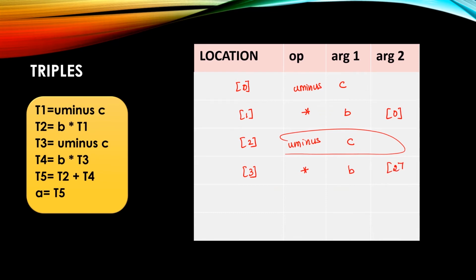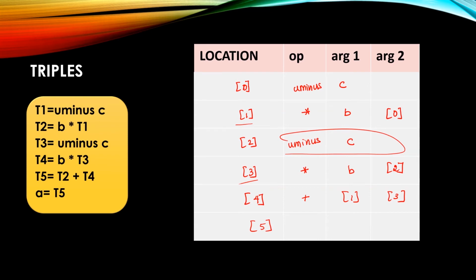T3 is stored in the second location, so you can use second location as the argument 2. And the next statement is stored in the location 4. What is the operator? Plus is the operator. Where is T2 stored? T2 is stored in first location, and where is the result of T4 stored? It is stored in third location. So you can mention 1 and 3 in the argument field.